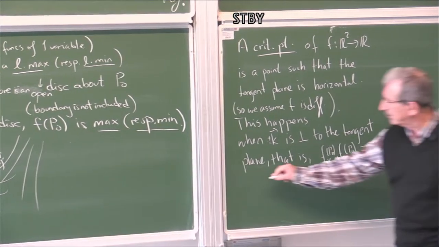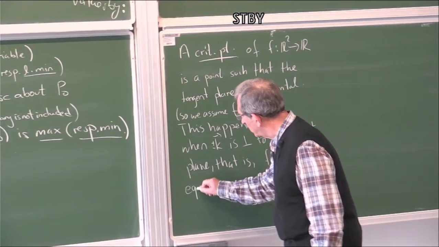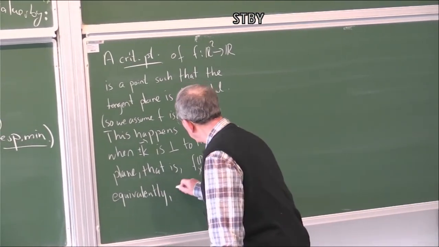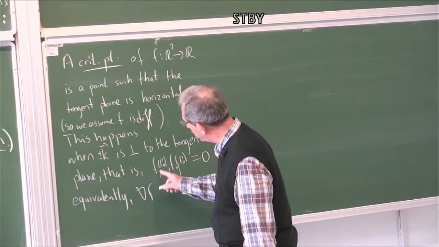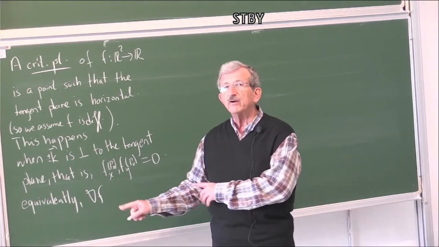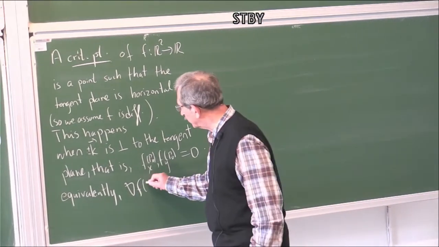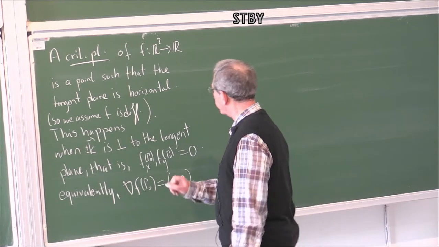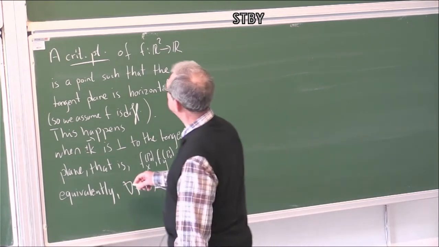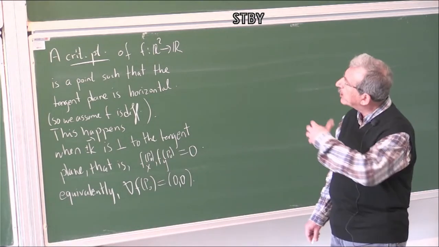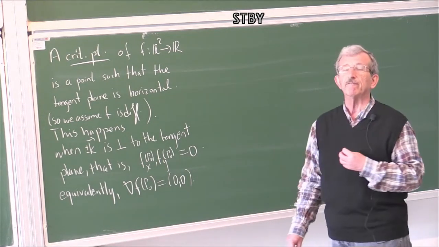Equivalently, the gradient of f, of course, because f is a function of two variables, this is a vector in the plane, at p0 is 0, 0. So this is the definition of a critical point for a differentiable function f.